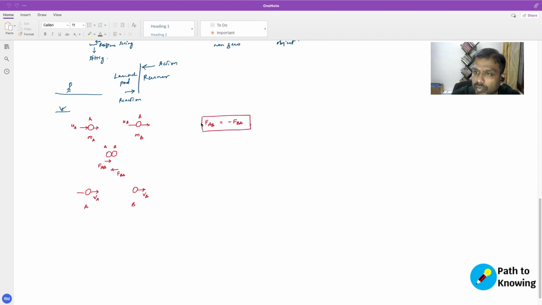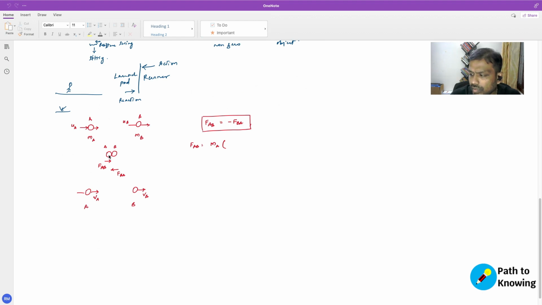Now what is FAB? If you see, FAB is nothing but the force applied by A, right? Which is the mass of A times the rate of change of velocity of A, right? That is the momentum change.